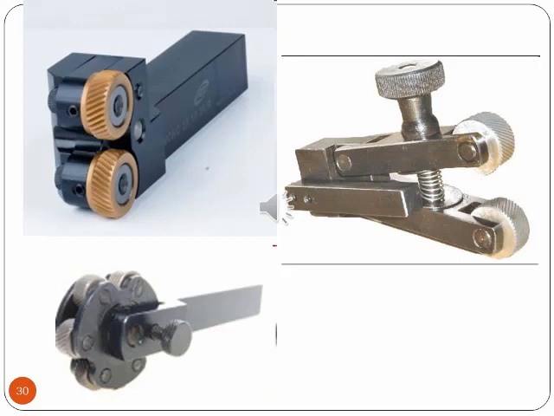Here you can see the various types of tools that can be used for knurling operation. There will be two wheels, crisscross, opposite direction crisscross, so that on the workpiece we get a diamond shape.